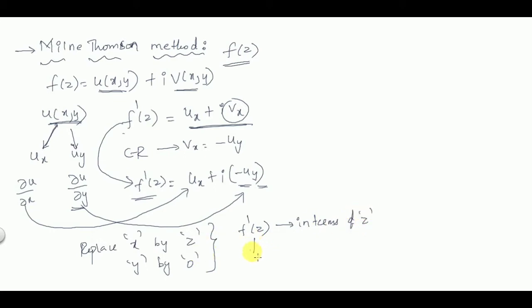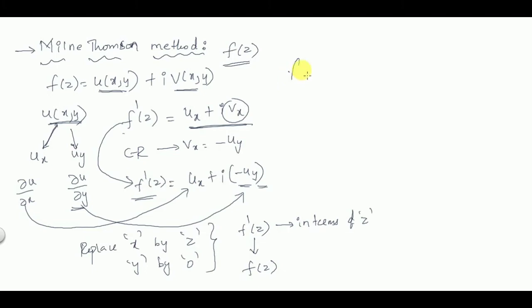Once you have f dash of z, we can find f of z easily. So this is the procedure you have to follow in order to solve the problem.